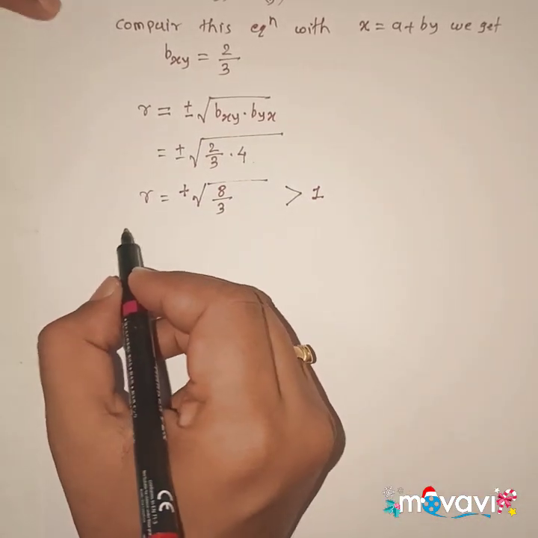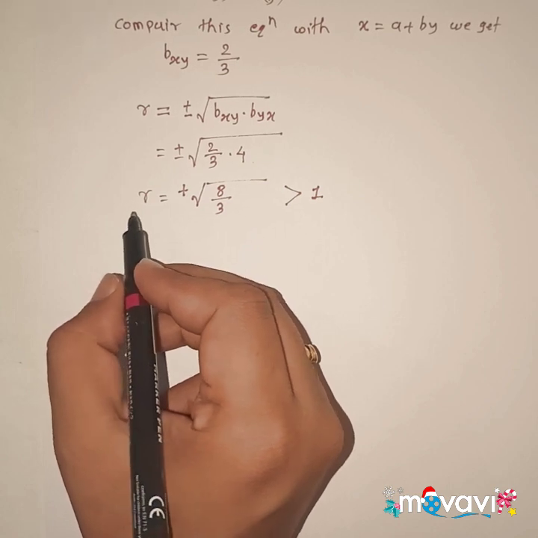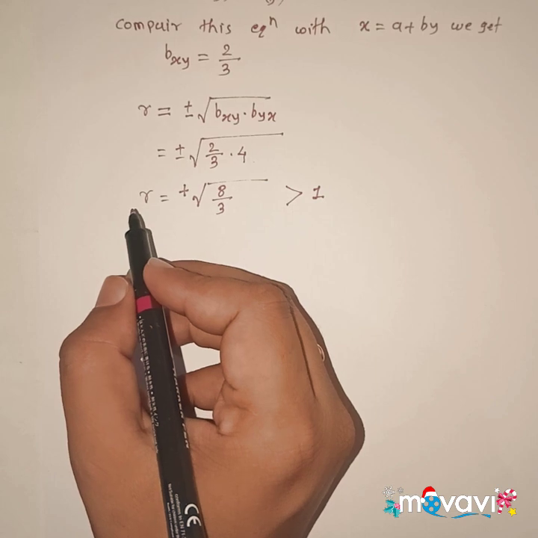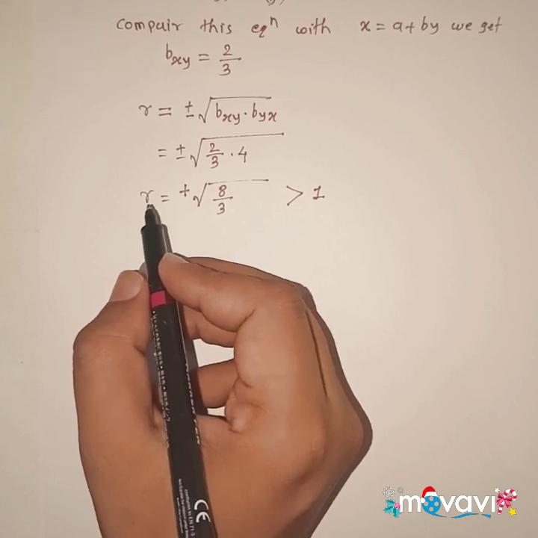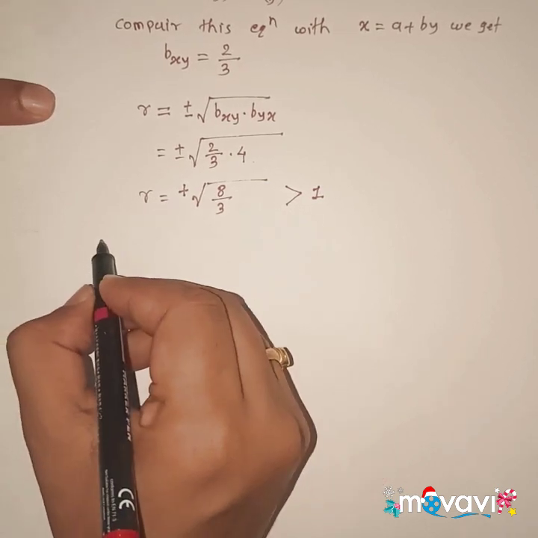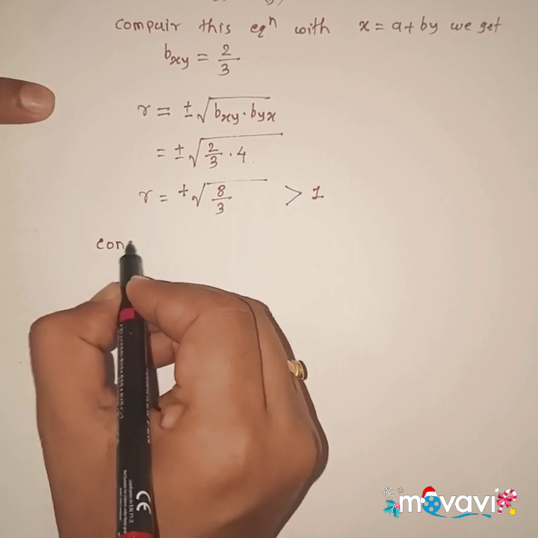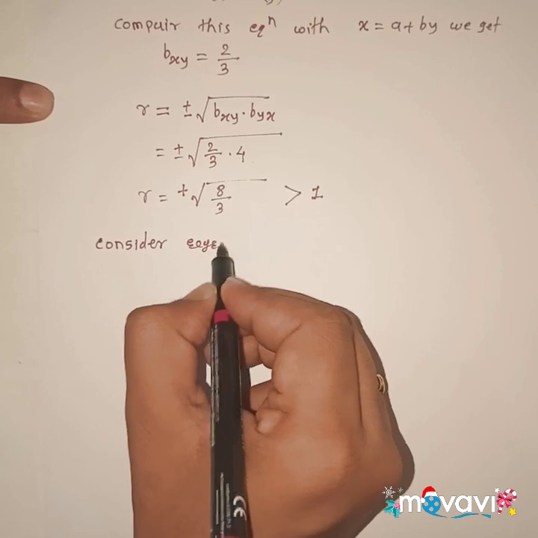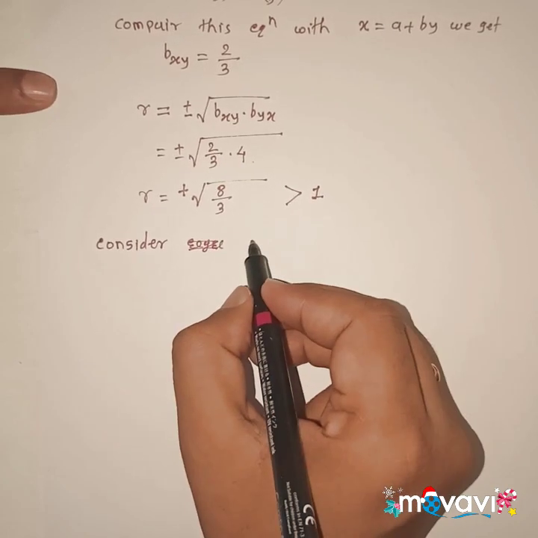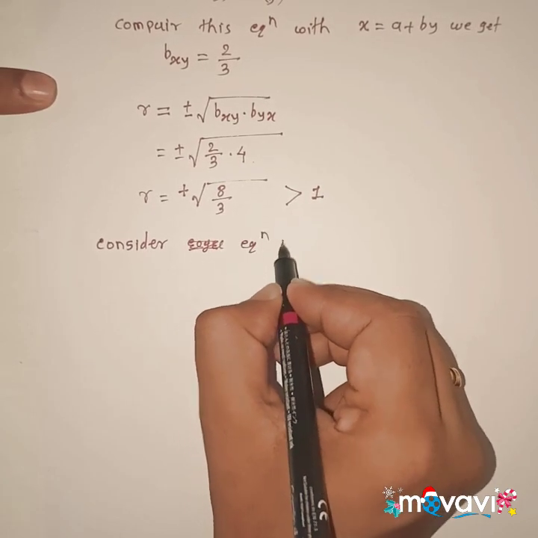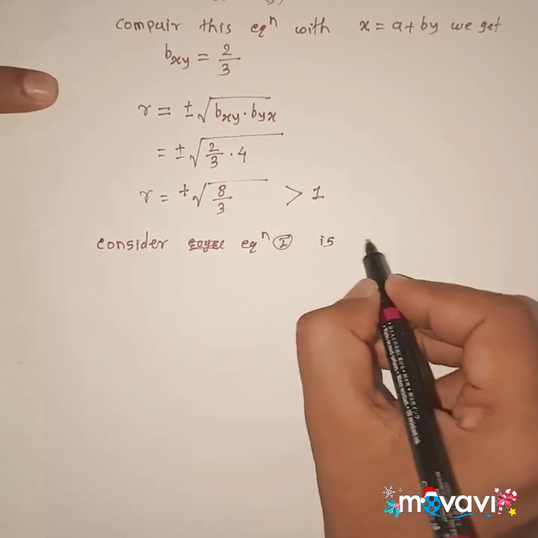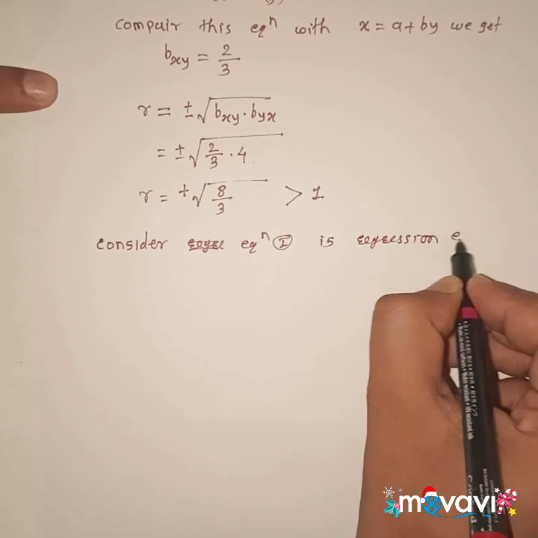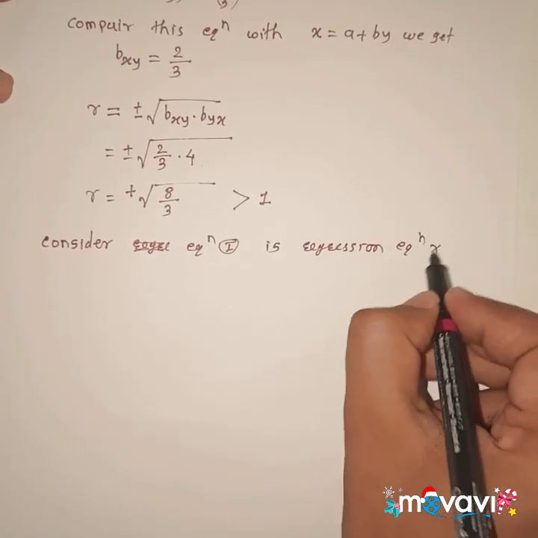So our assumption is wrong, which means the first regression equation is not y on x and the second regression equation is not x on y. Then we consider the first equation as the regression equation x on y.